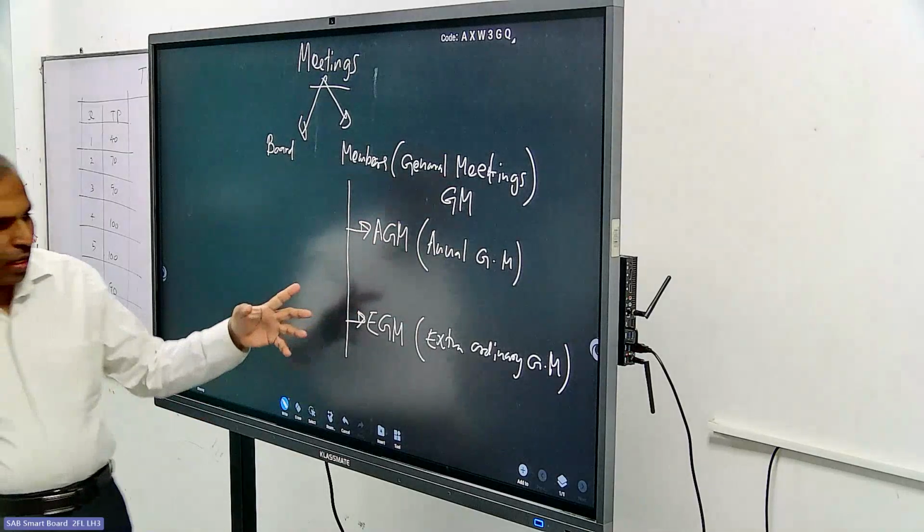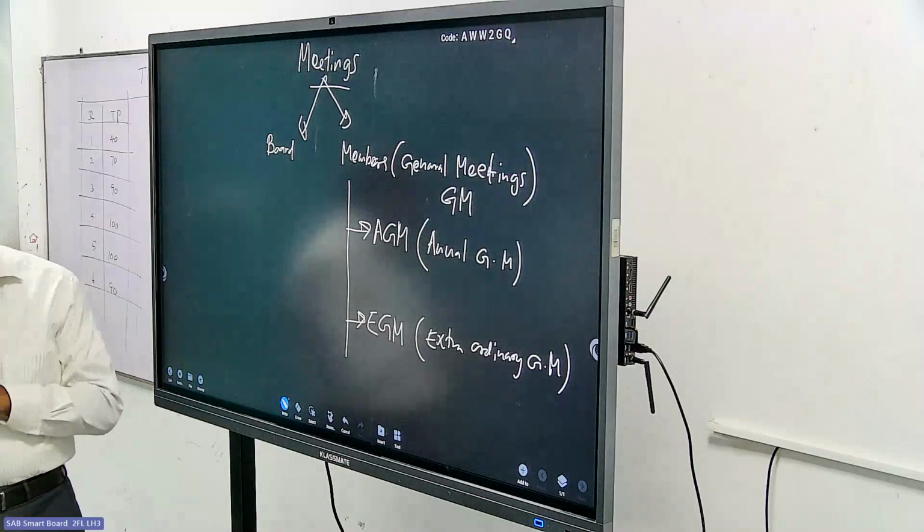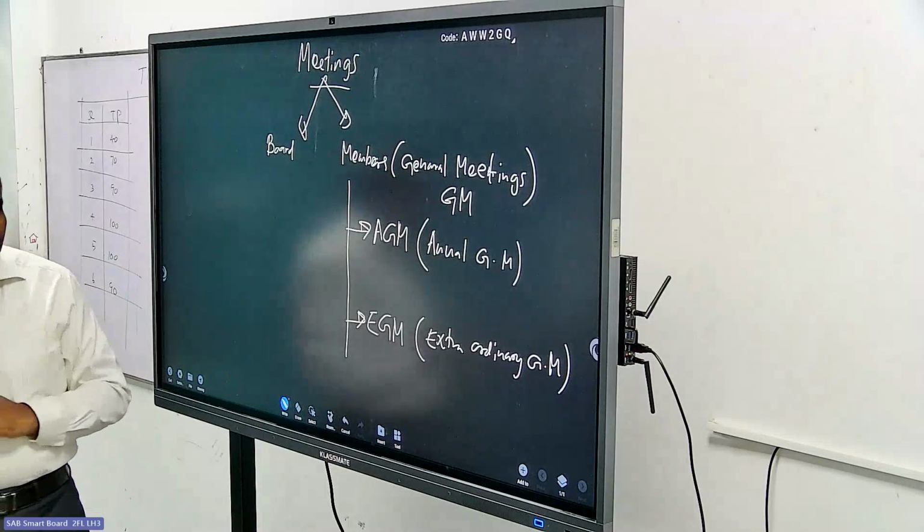Annual general meeting, and extraordinary general meeting, EGM. There are two types of members meeting, general meeting.